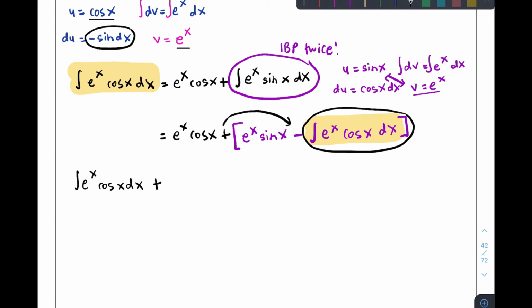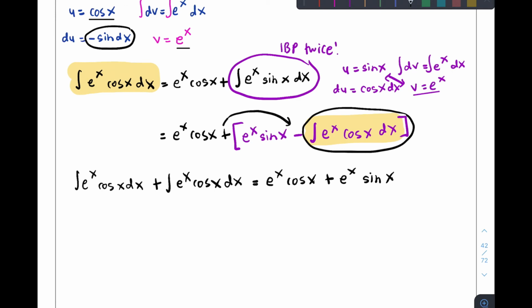So the integral of e^x cos x dx equals the balance, which I just write back: e^x cos x plus e^x sin x. Settled.